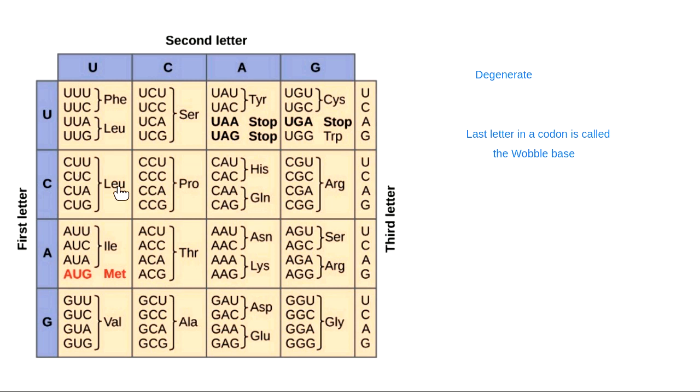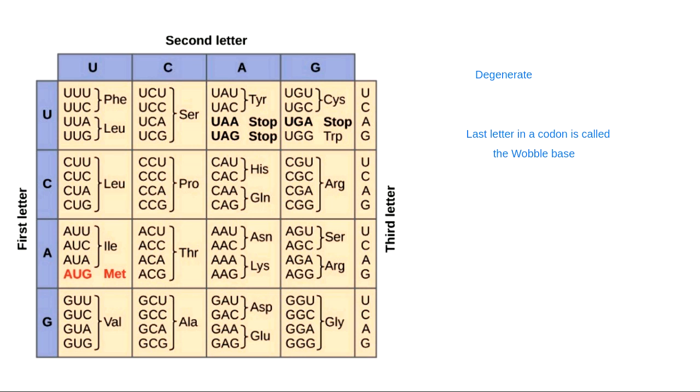So the only base that I can consistently change and usually have a better chance of getting the same amino acid is that last one. The middle one is a no-go. The first one especially is definitely a no-go. So it's really just that last base that I have any chance of still getting the correct amino acid put in.